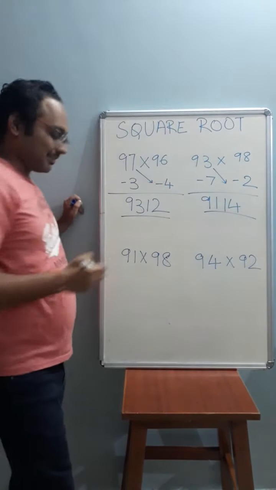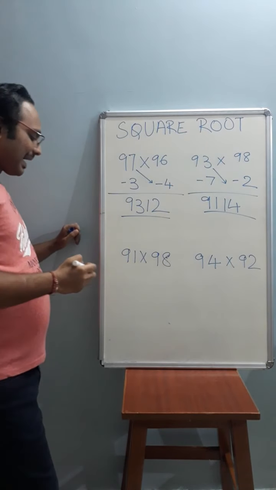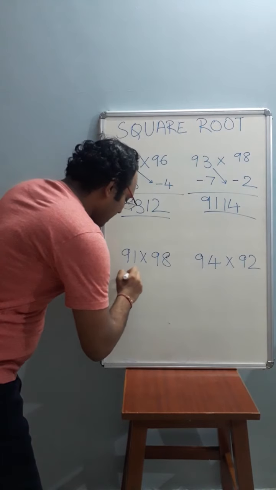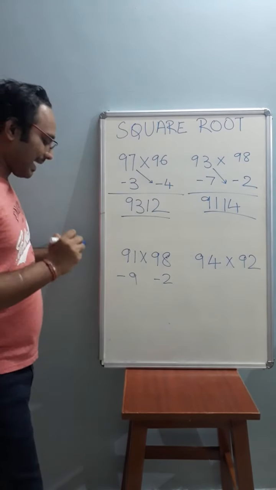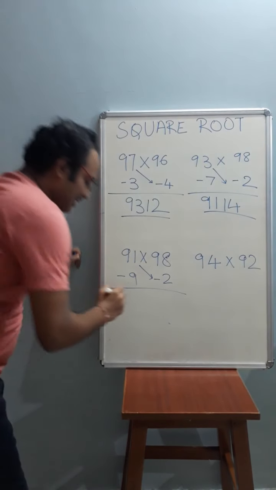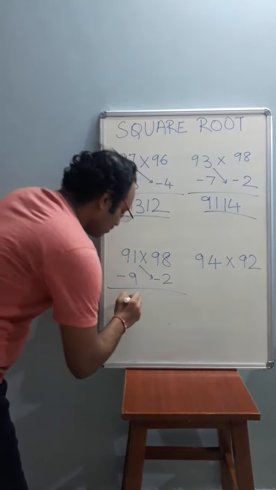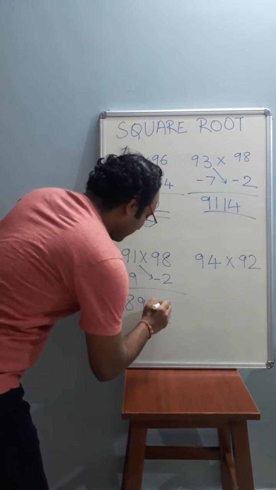We got the answer. Now 91 into 98. 100 minus 9 is 91. 100 minus 2 is 98. Now cross add. This would be 91 minus 2, this would be 89, followed by 9 into 2, that is 18.